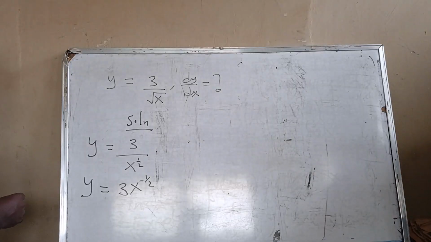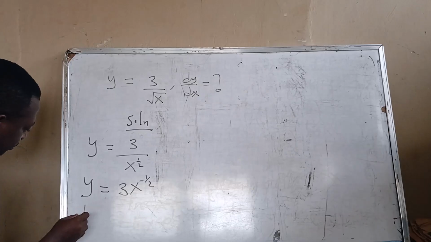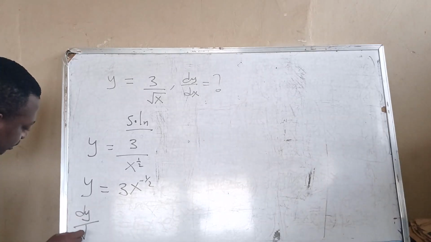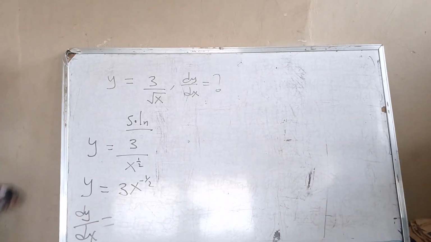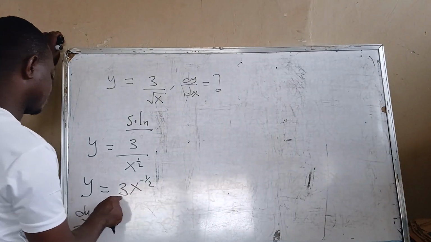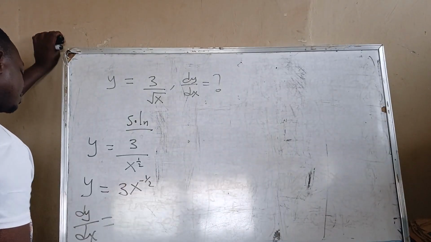Now from here I can go ahead with my dy dx. I multiply this by this, then reduce the power by 1.